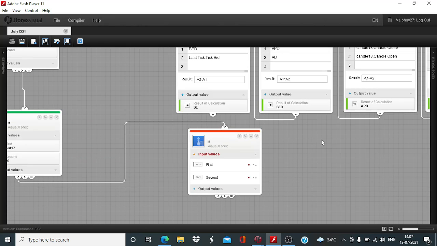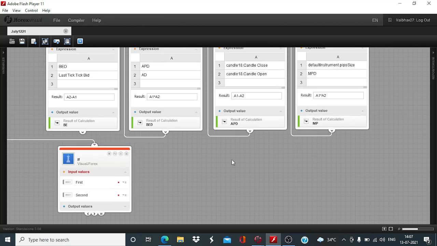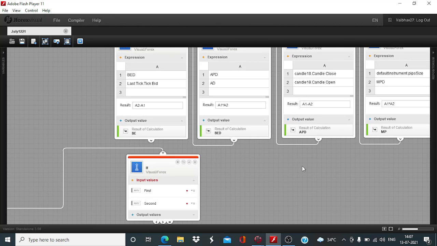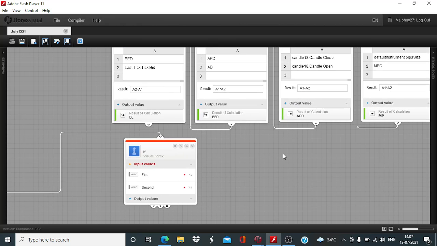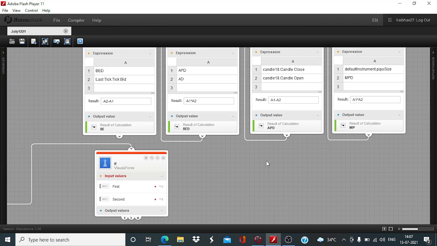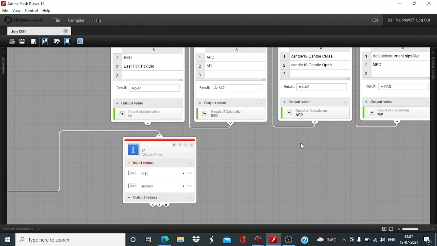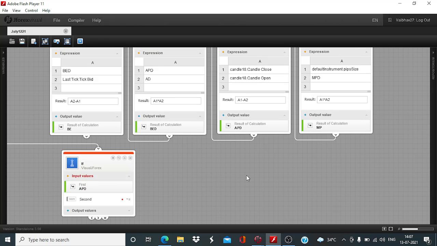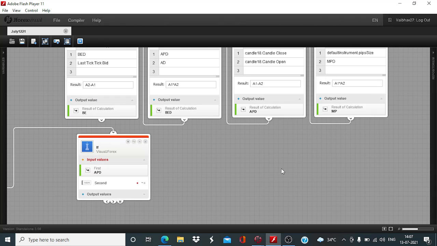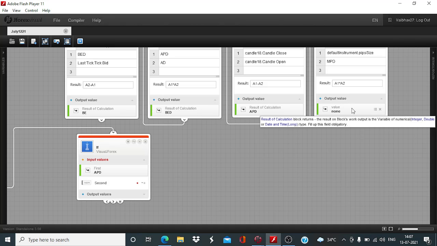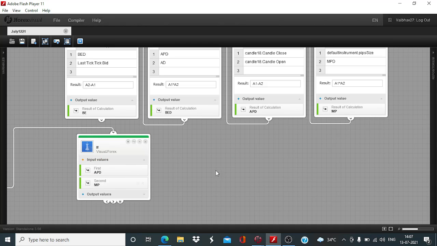And after this, we will consider this difference, closing and opening difference. And it should be above minimum difference.